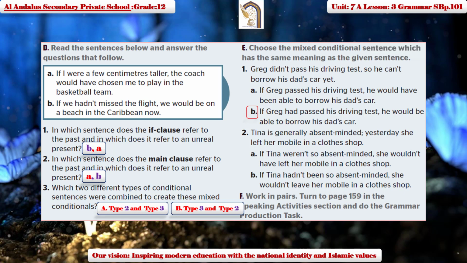Sentence 2. Tina is generally absent-minded. Yesterday, she left her mobile in a clothes shop. Amazing final answer. Very good. If Tina weren't so absent-minded, she wouldn't have left her mobile in a clothes shop.